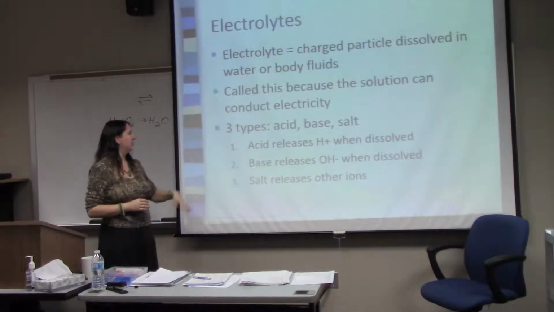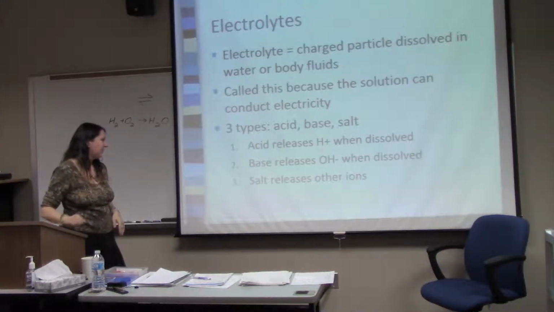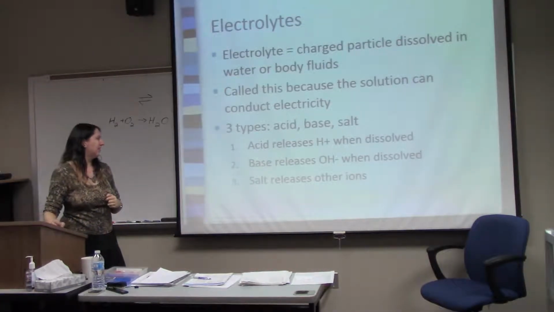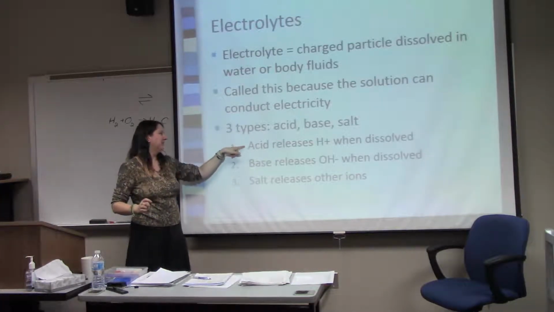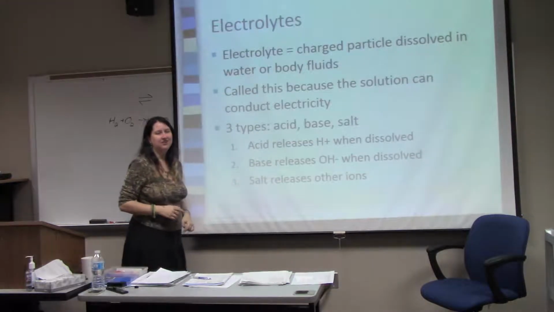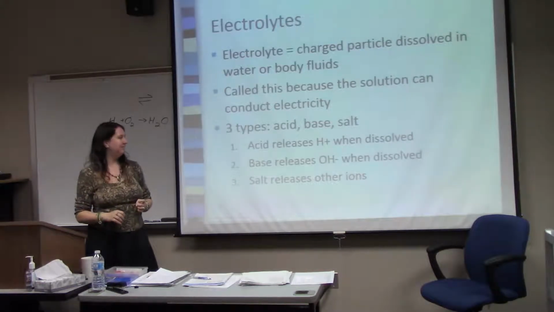Three categories of electrolytes are acid, base, and salt. The difference is based on which ions are increased when the substance dissolves. An acid releases H+, or hydrogen ions. So hydrogen ions are the definition of acid, basically.